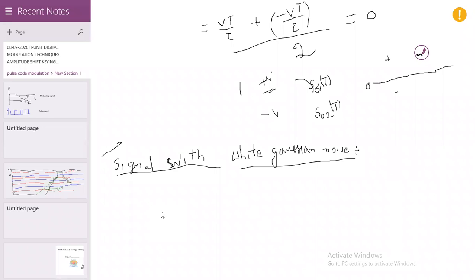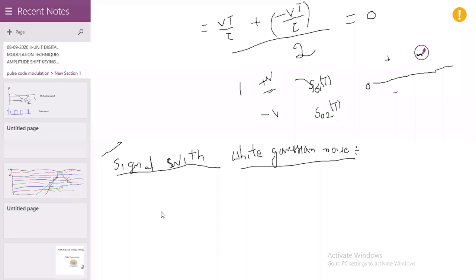For example, for the baseband system of this process, S naught 1 of T is Vt by tau and S naught 2 of T is minus Vt by tau. If logic 0 is transmitted, what is the noise signal according to that decision boundary?